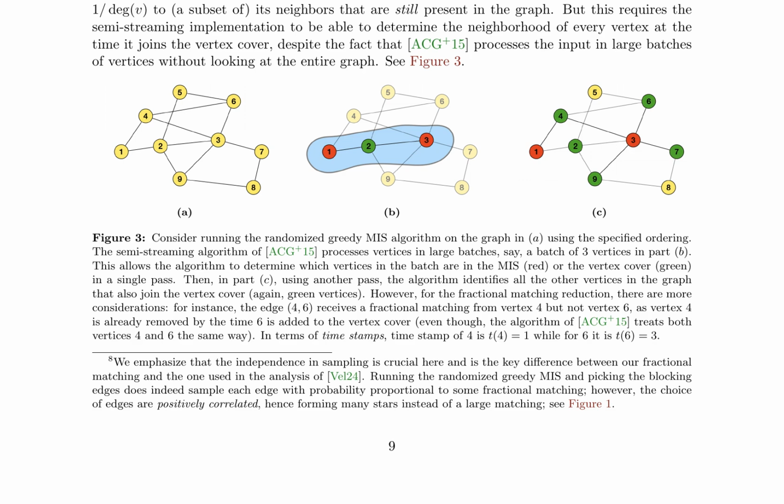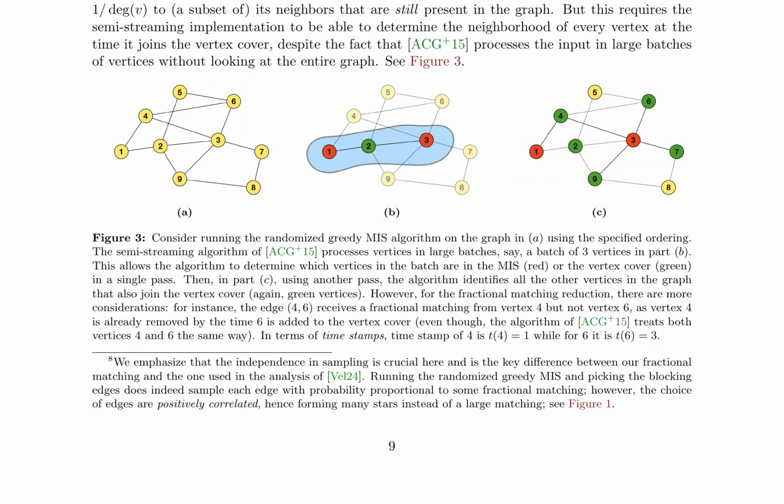sampling step. A crucial aspect of the algorithm is the emphasis on independence and sampling, which is essential for forming a large matching rather than many stars. This is evident in the analysis of VEL24, which highlights the importance of independence in achieving optimal matchings. The algorithm's design addresses key challenges in the semistreaming context, providing a novel approach to dynamic streaming algorithms for matchings.